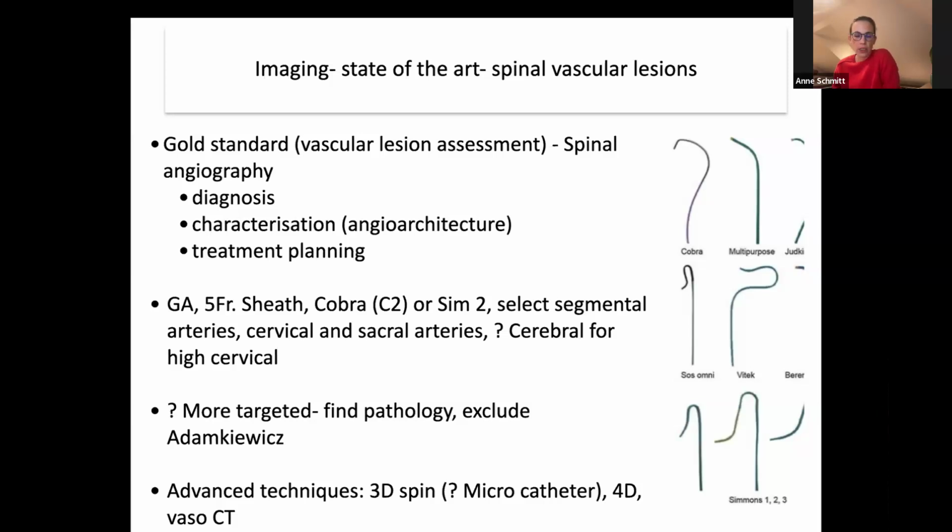There is a limited role at the moment for 4D angiographies. That's more important for intracranial AVM. That's where you attach a temporal resolution component to your 3D angiography. And vasal CT is basically a CT with thin slices that is done on the angio table.